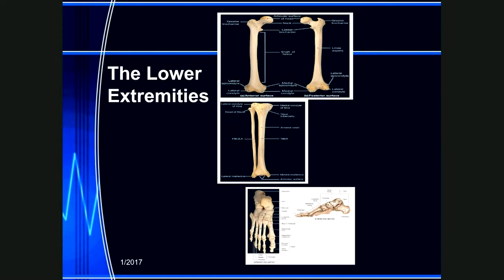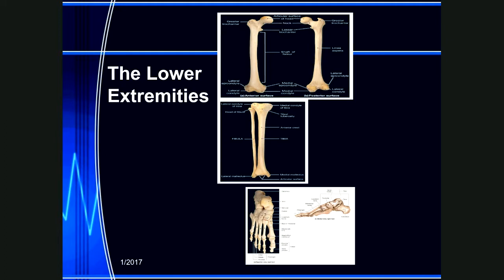The tibia is the medial bone in the lower leg and the larger of the two, so it's on the inner side.